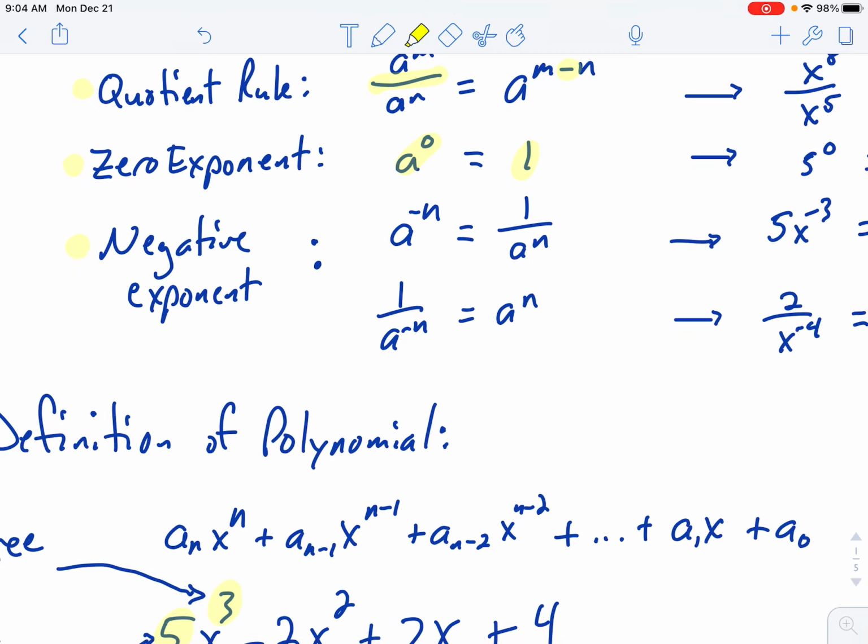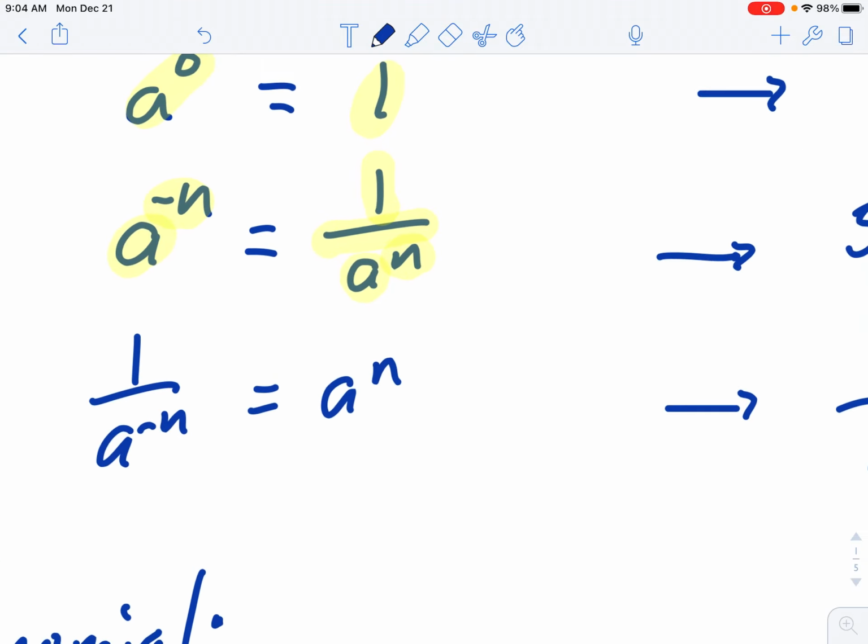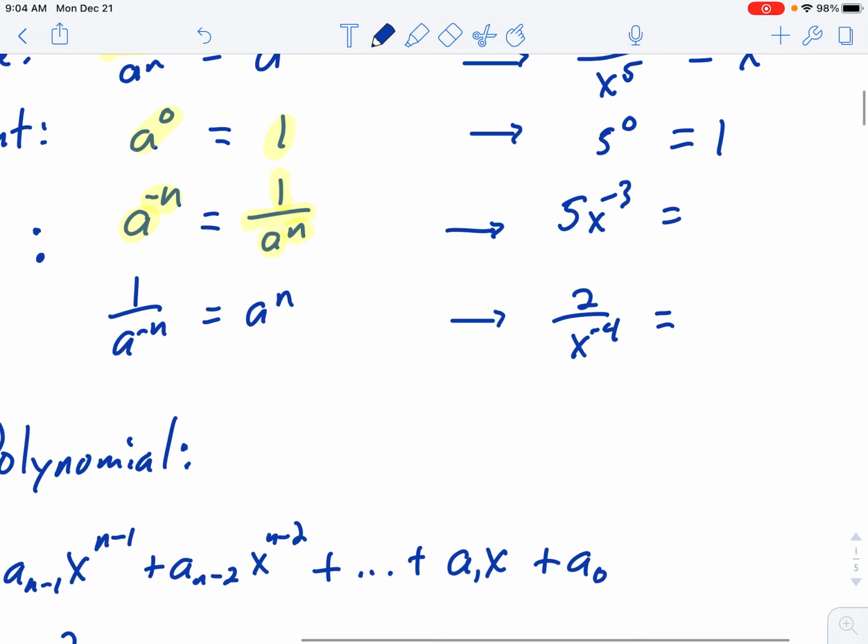Finally, we have the negative exponent rule, and I have this written twice, so I'll talk about them both. If you have a base raised to the negative power, it becomes 1 over that base, and then the power turns positive. Sometimes it's called the reciprocal rule, because it, in essence, flips the number upside down.